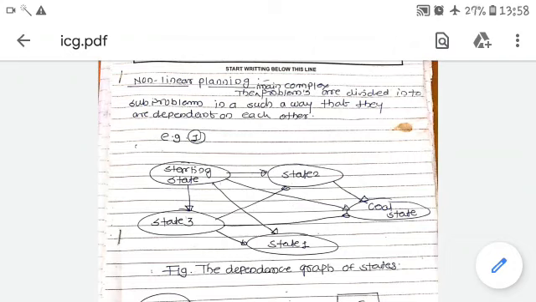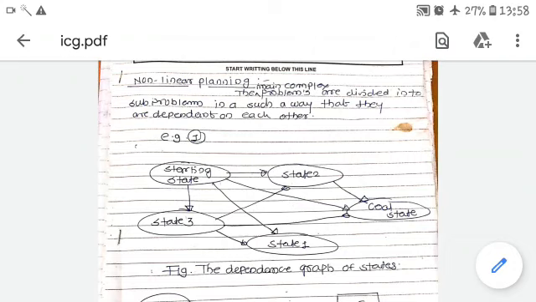In linear, all the tasks are independent of each other. Task 1, task 2, task 3, task 4 are implemented and executed independently. But in non-linear planning, the tasks or sub-problems are dependent on each other.